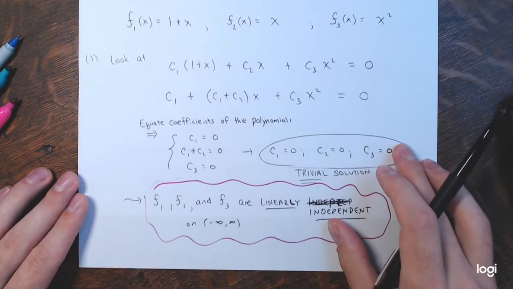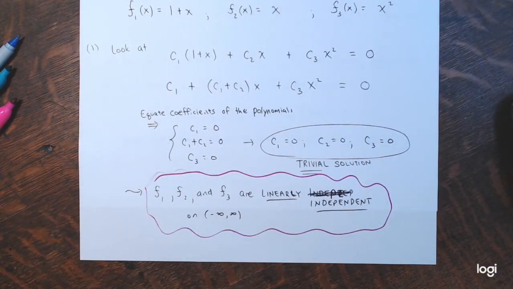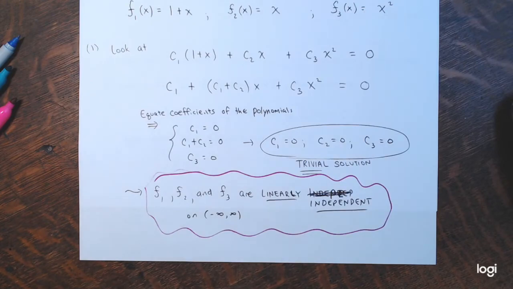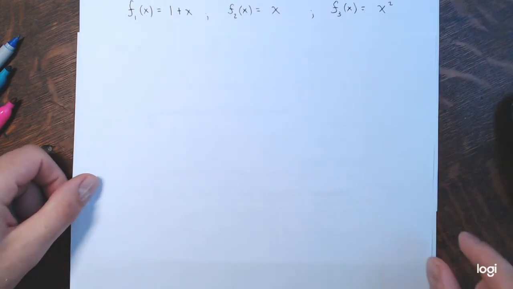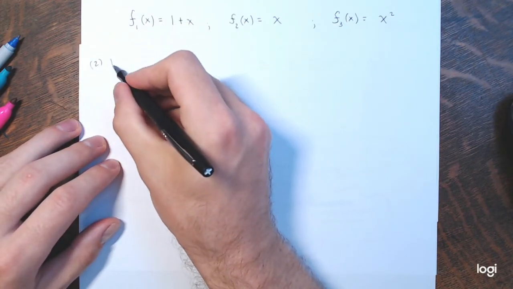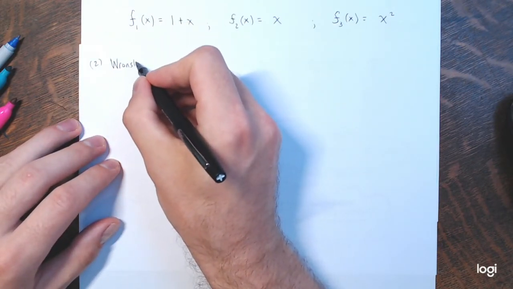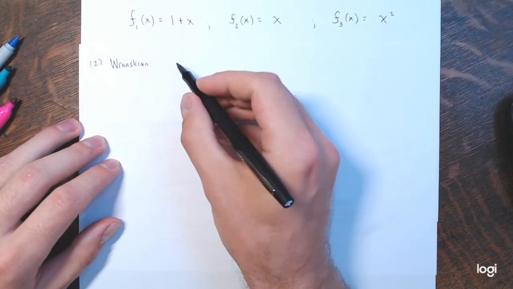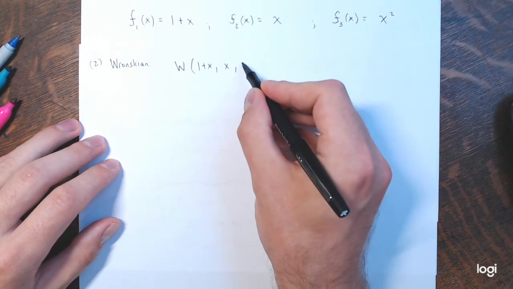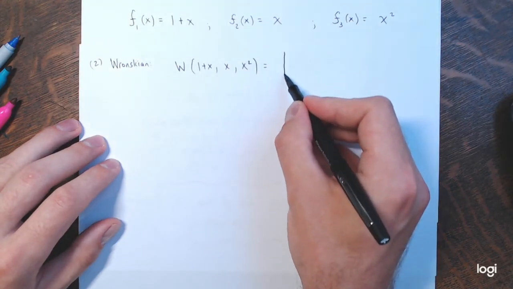All right, so again, one approach to that. Now, this isn't always able to be set up. So very often, I would say just look at the Wronskian. So again, here I have the Wronskian. So W of 1 plus x, x, and x squared is the determinant of yet again another 3 by 3.